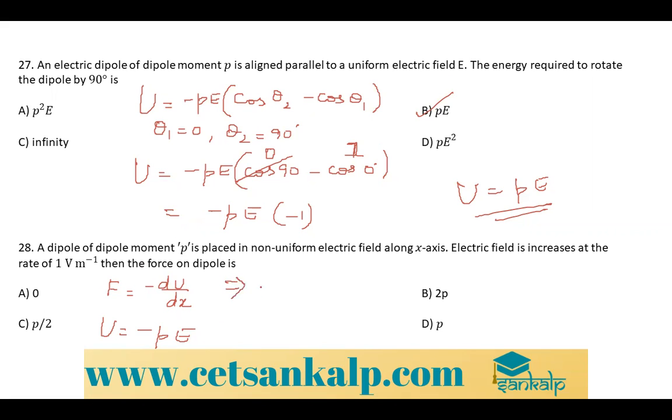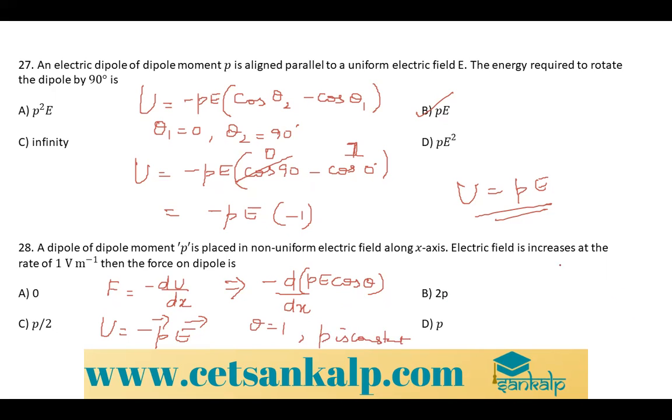So F is equal to minus d by dx of, this is a vector, so what can we write, PE cos theta, but you can say theta is equal to 0. If theta is equal to 0, cos 0 is 1, so I can say P is constant.